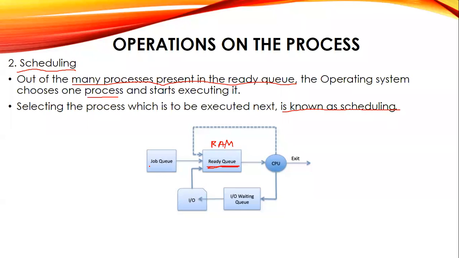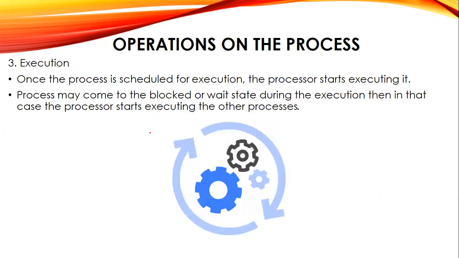The job queue is actually the processes that are waiting to enter the ready queue. And one process is taken each time, and the CPU is executing that. So selecting a process and executing it is known as scheduling. Okay.